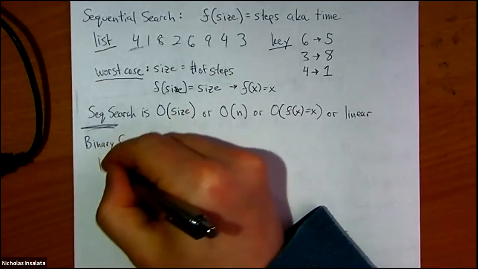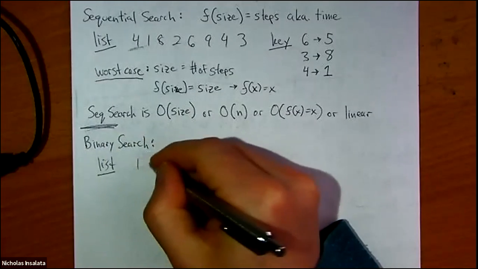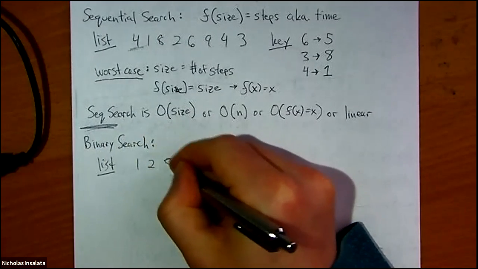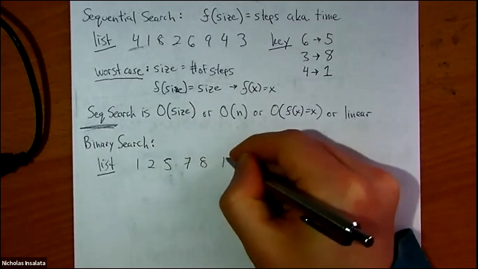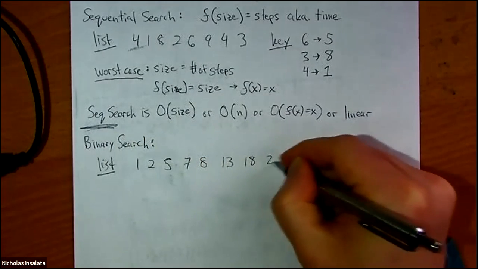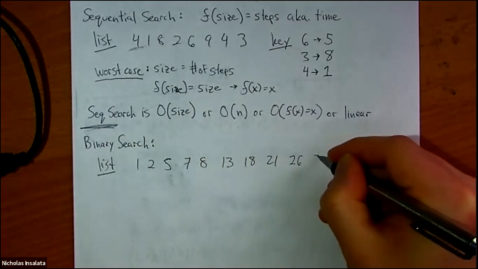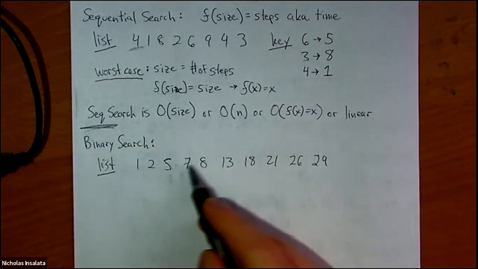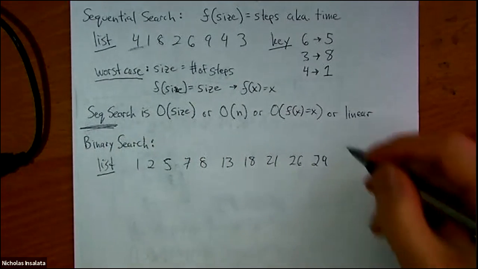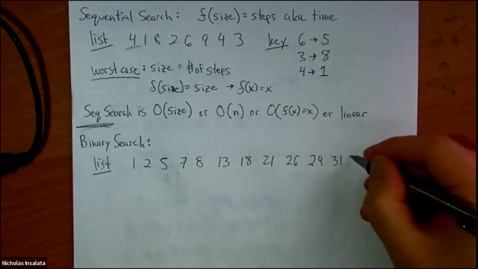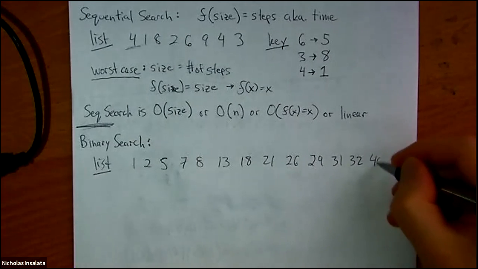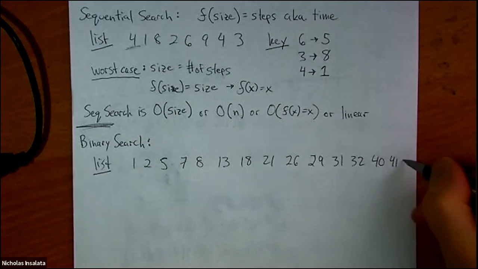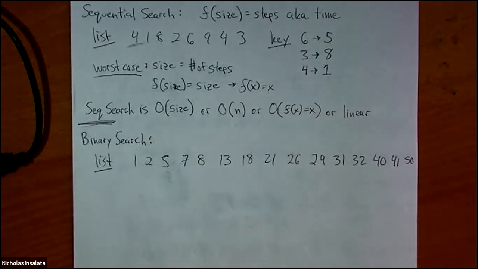So my list could be 1, 2, 5, 7, 8, 13, 18, 21, 26, 29, and so on up to 50. Okay, cool. So there's my list.